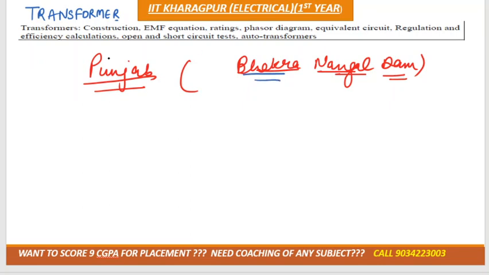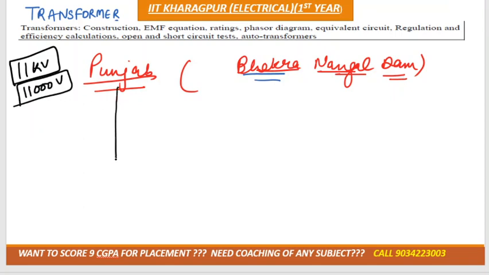You have learned that here the electricity is generated, in India at 11 kilovolts. Now we transfer this electricity to Delhi, suppose.